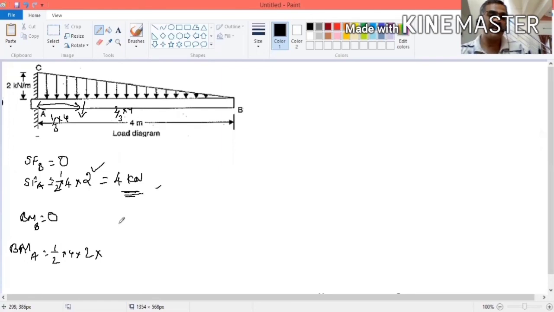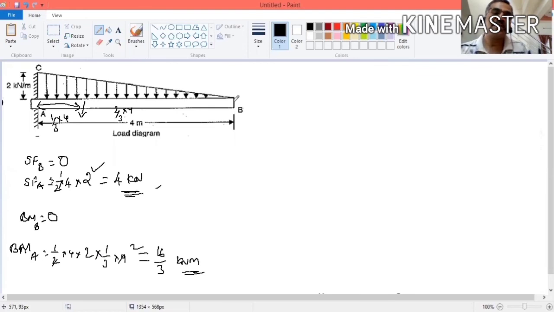Now you substitute the value and calculate. This is 2, so 2 into 2 is 4, 4 into 4 is 16, so 16 by 3 kilonewton meter. Now you can draw the shear force and bending moment diagram.